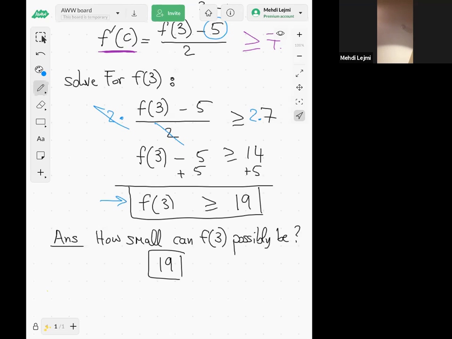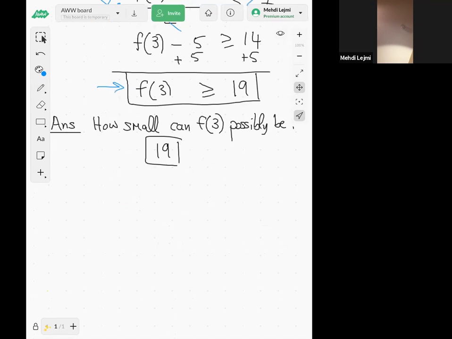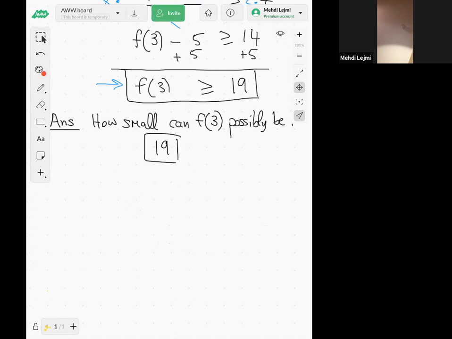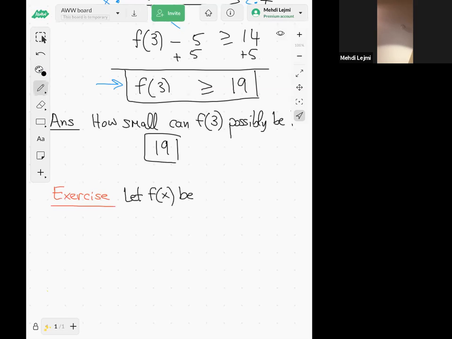Okay, so here's an exercise, a similar problem. All right, so let f of x be a differentiable function.